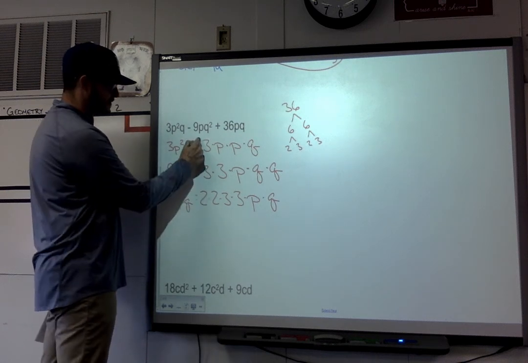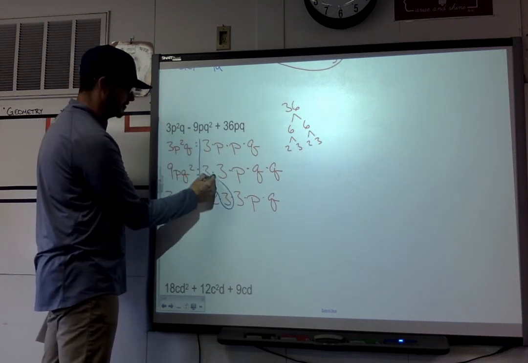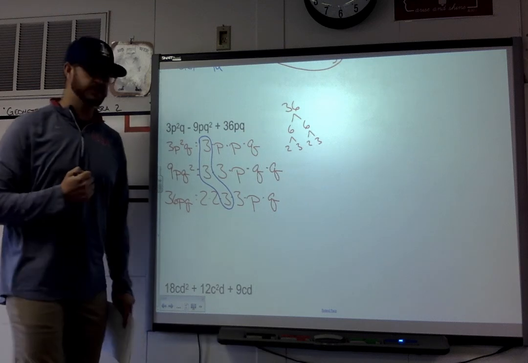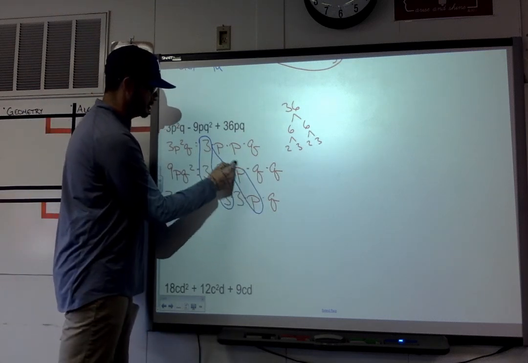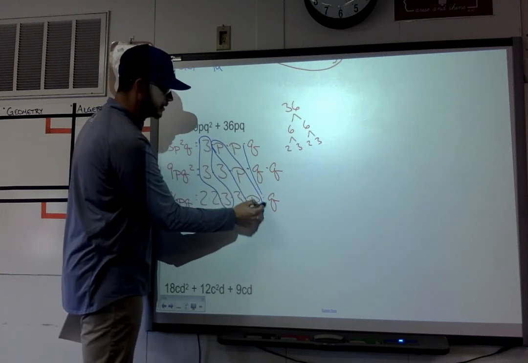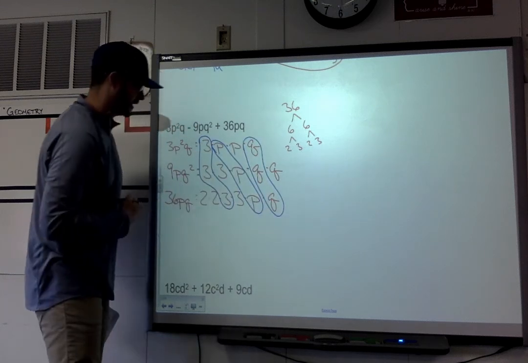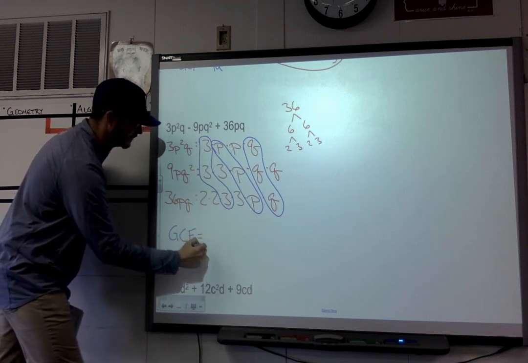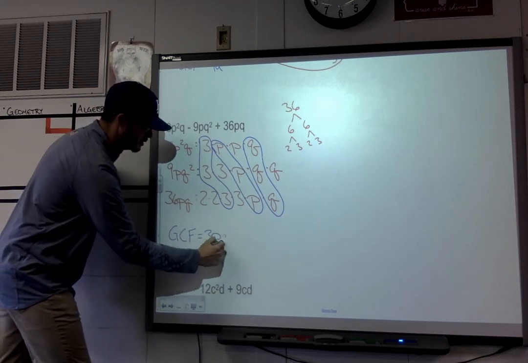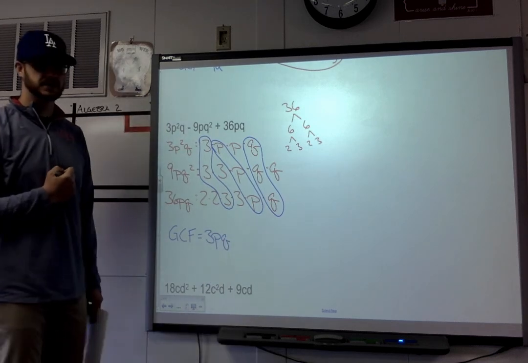For numbers, the only thing that they all have in common is one set of 3's. Then for our variables, they've each got a p and they've each got a q. So in this case, my greatest common factor would be 3 times p times q.